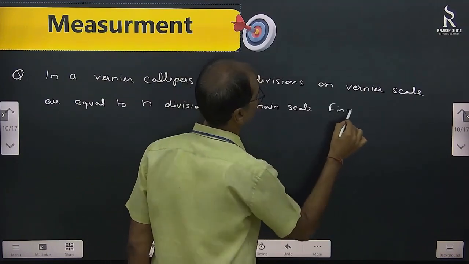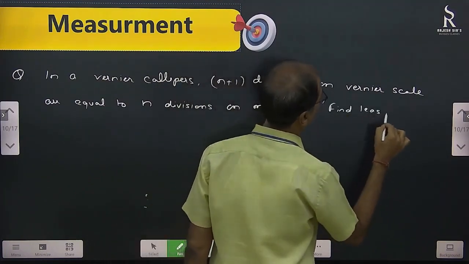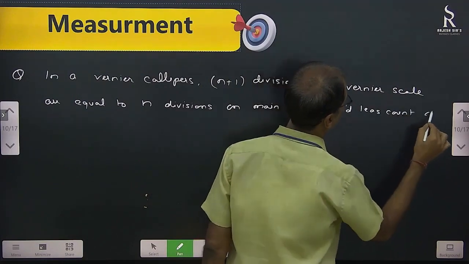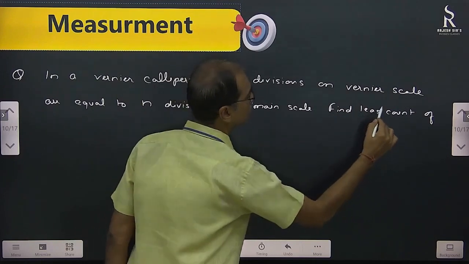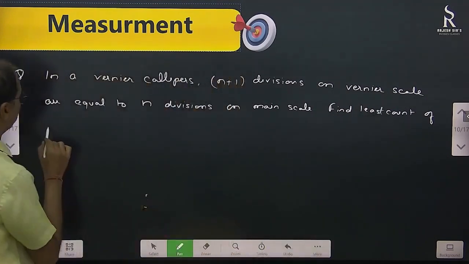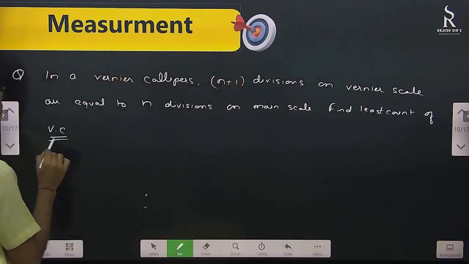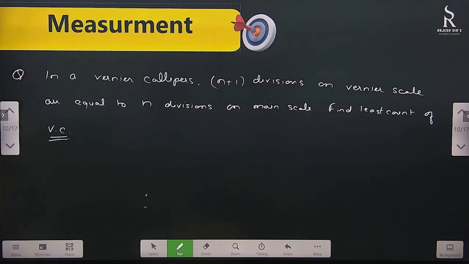Find least count of vernier calipers. Okay, this was the question. Note that.